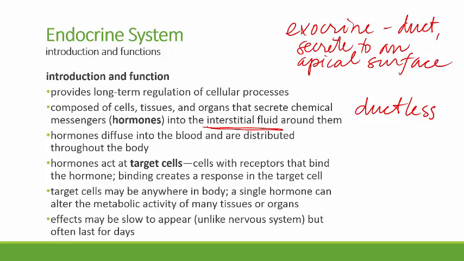We know it's a target because there is a receptor associated with the hormone, inside of the target cell or on the surface of the membrane of the target cell. So the thing that makes a cell a target cell is a receptor. All that's required to be a target is a receptor. And so cells across the body may be targets and have receptors in or on their cell membrane.